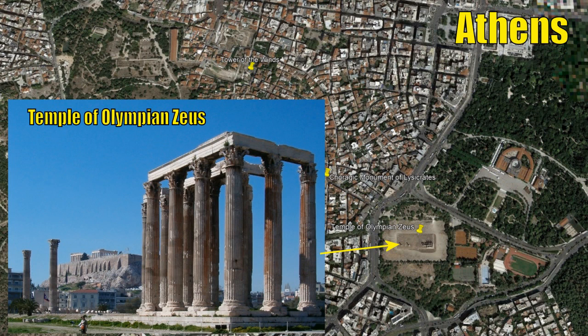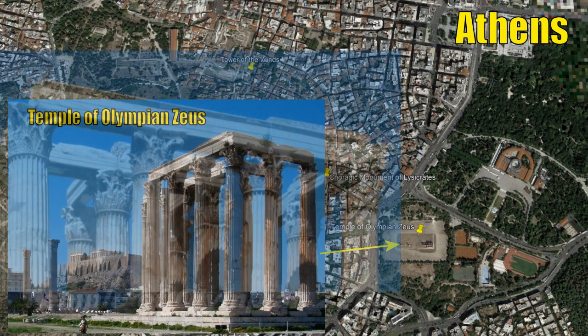This is the Temple of Olympian Zeus, and from the photograph you can see the Acropolis and the Parthenon in the background. Temple of Olympian Zeus is also an amazing structure, very important structure. It was begun in the 6th century BC, originally designed to be built along the lines of the Doric Order of Architecture.